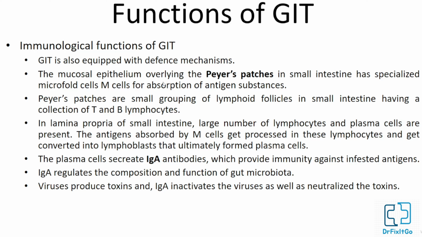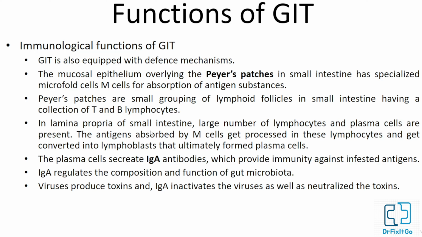The mucosal epithelium overlying the Peyer's patches in the small intestine has specialized microfold cells, M cells, for absorption of antigen substances. Peyer's patches are small groupings of lymphoid follicles in the small intestine having a collection of T and B lymphocytes.